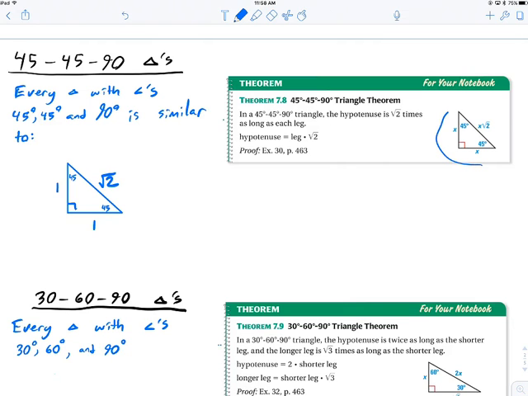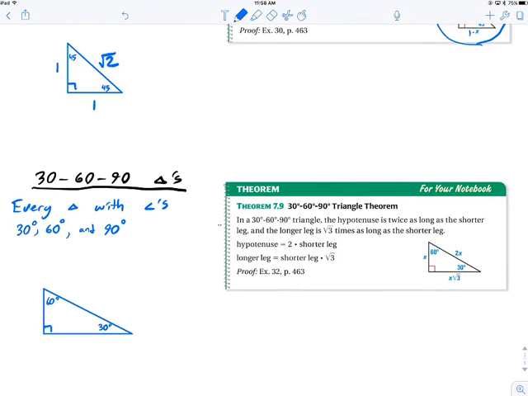Over here on the right, this is an image from our book. It shows that every single 45, 45, 90 triangle is a multiple of 1, 1, root 2. So if I multiply each of these by x, I get 1 times x, 1 times x, and root 2 times x. Or 30, 60, 90: every single triangle with angles 30, 60, and 90 is similar to this triangle.